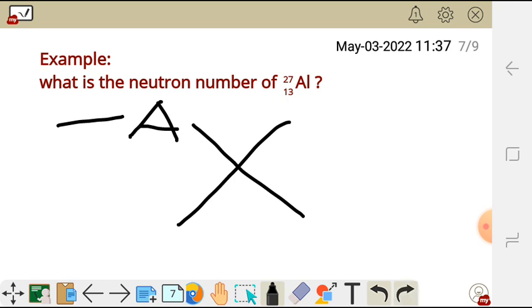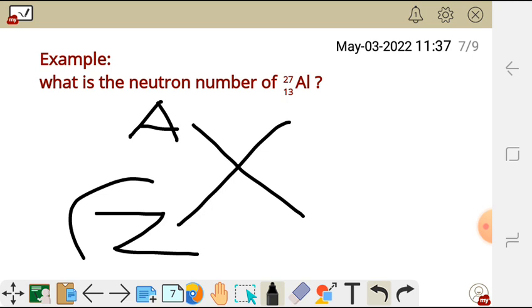By definition, the mass number is the number of neutrons and protons. And the number at the bottom left corner is the proton number, which is the atomic number, the number of protons in the nucleus of that atom.